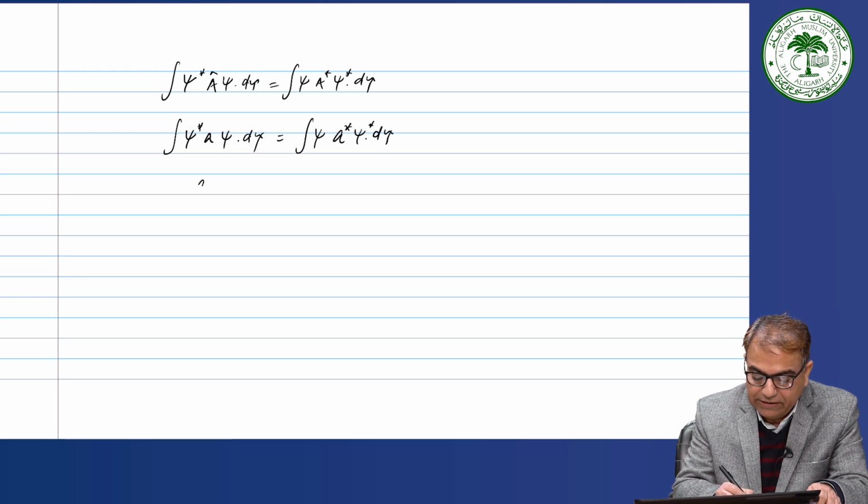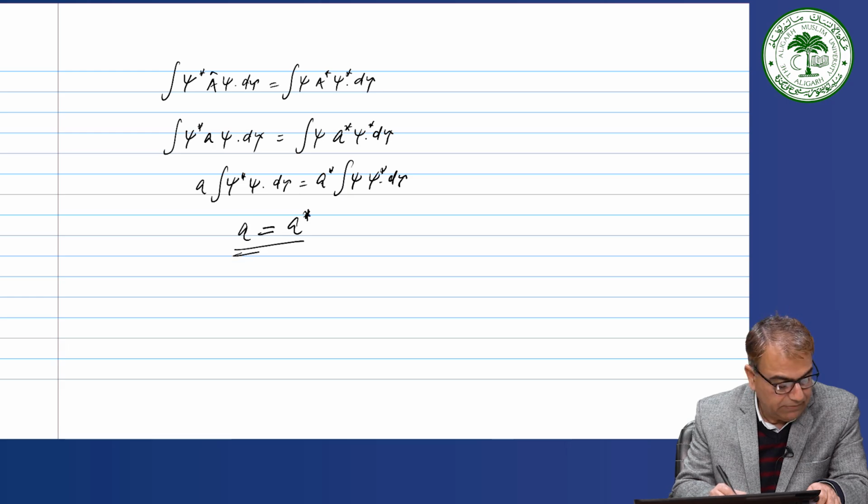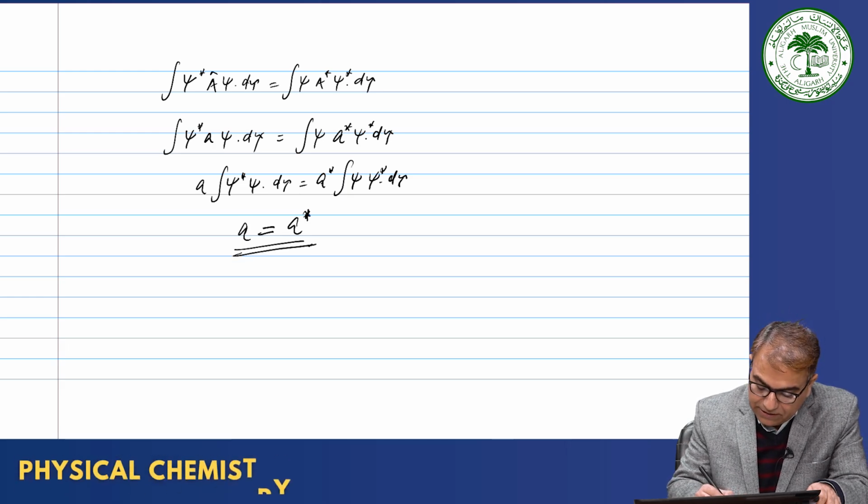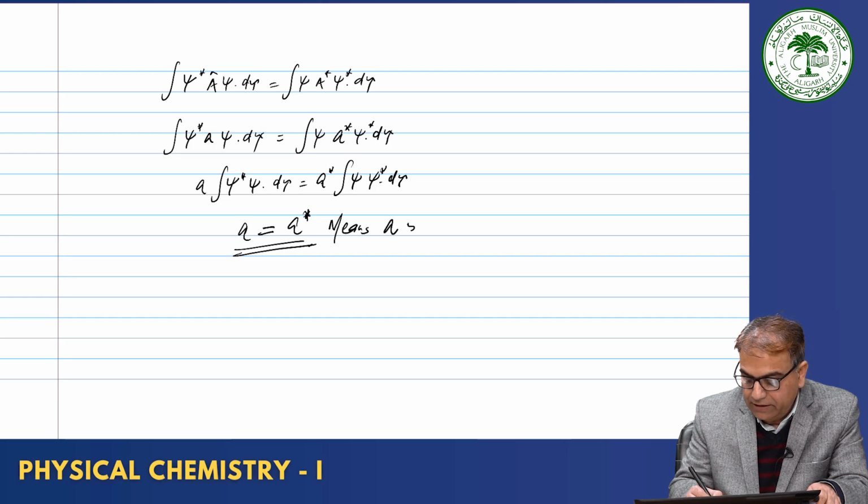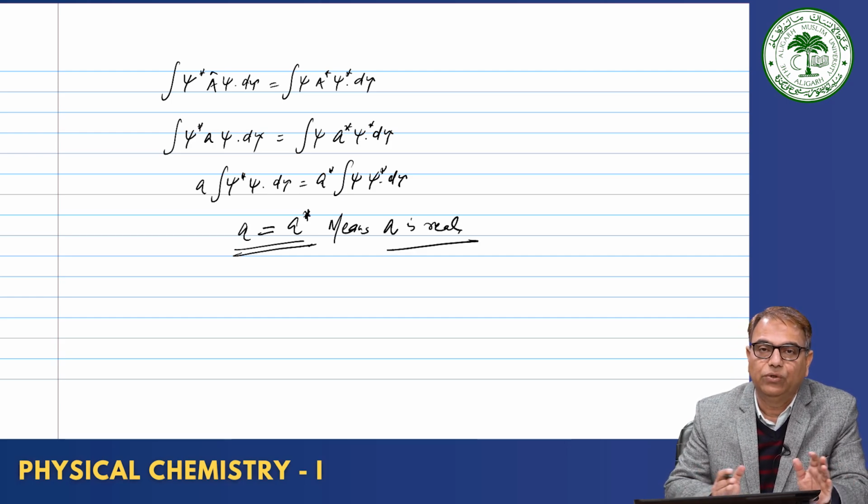What does it mean? The complex conjugate is the same, and this means a is real, then only the conjugate and the original will be the same.